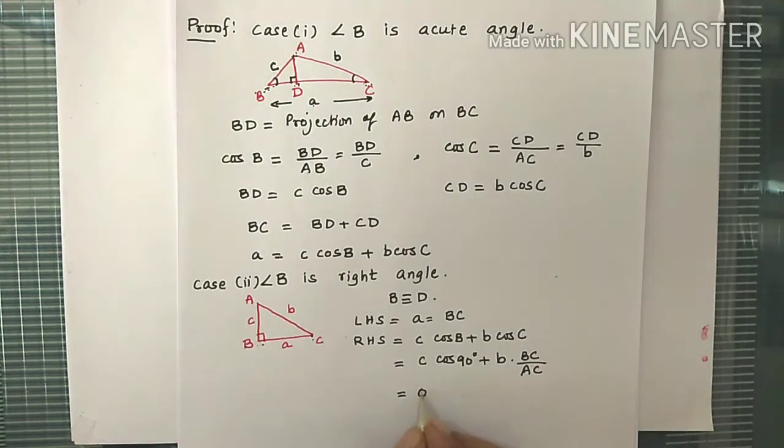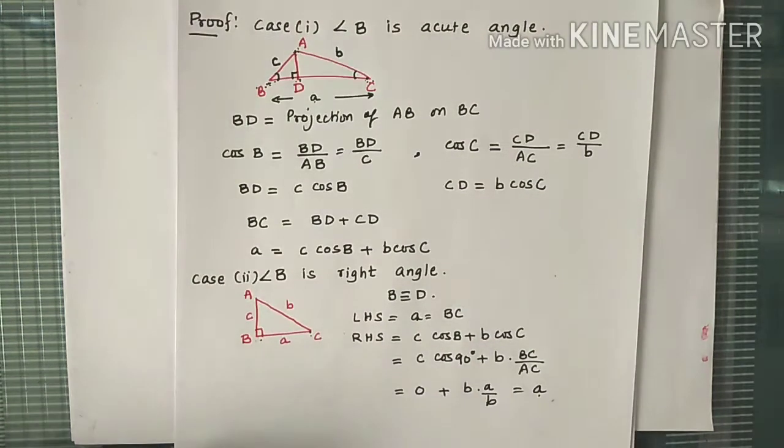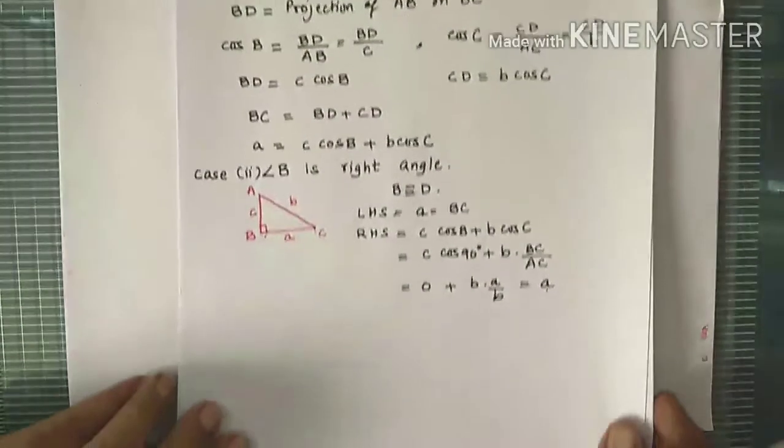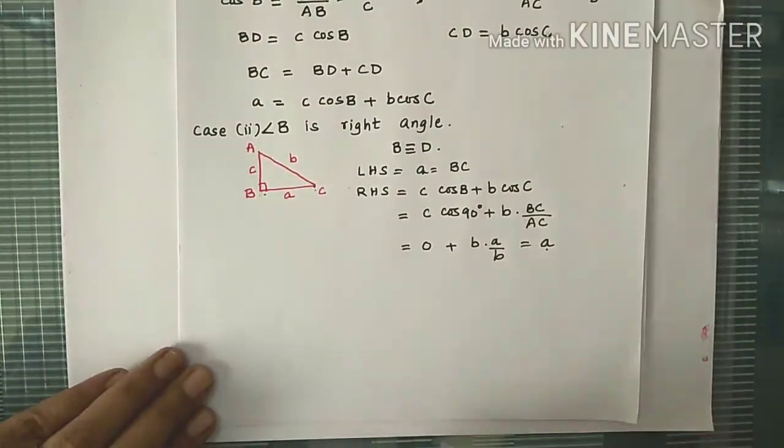Cos of 90 is 0, so this is 0 plus b into BC, which is a, upon AC, which is b. So we have that as a. So the left hand side is a and the right hand side is also a. So we have the equality whenever B is a right angle.